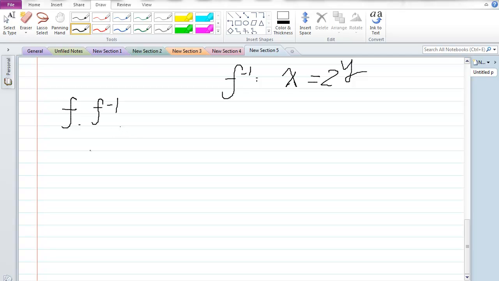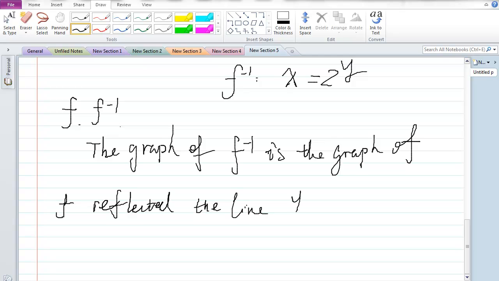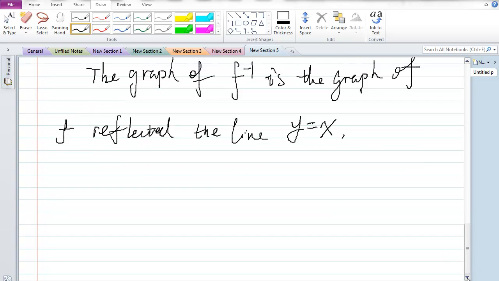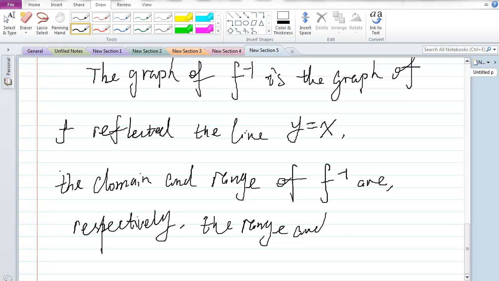As we know, the graph of the inverse function is exactly the graph of the original function reflected over the line y equals x, and the domain and range of the inverse function are respectively the range and domain of the original function.